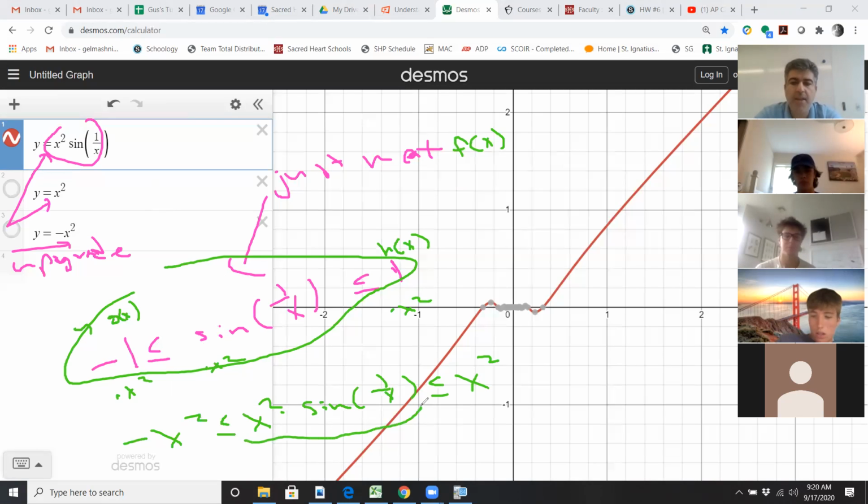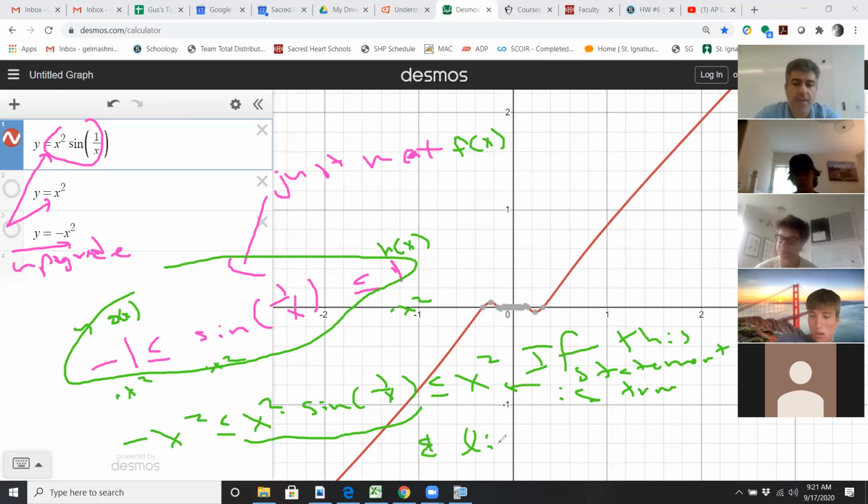This is what the squeeze theorem is saying: if this statement is true, which it is, and if the limit as x approaches 0 of negative x squared equals the limit as x approaches 0 of x squared.